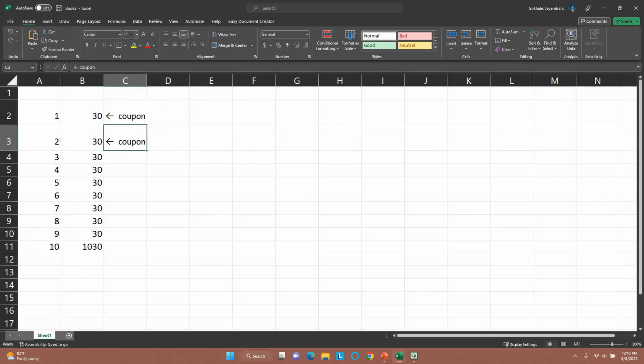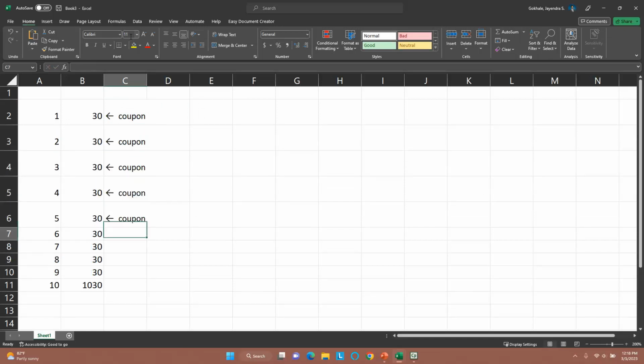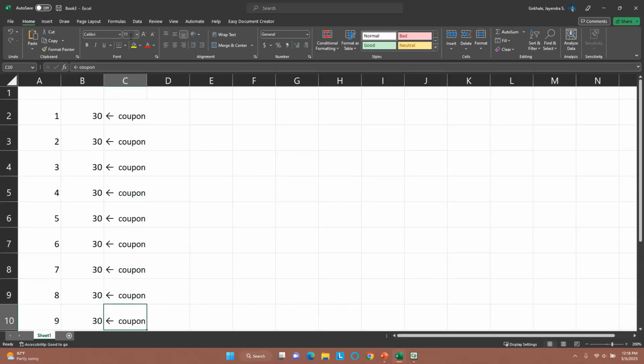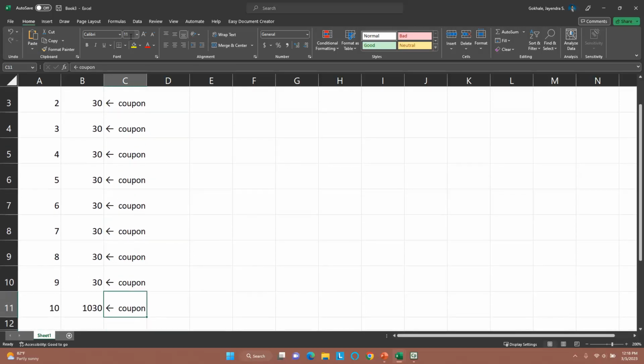All right, and then copy down with Control D, but this last one is not really coupon, this is coupon plus face value, or par value. Okay, that's how the bond payments or cash flows look.